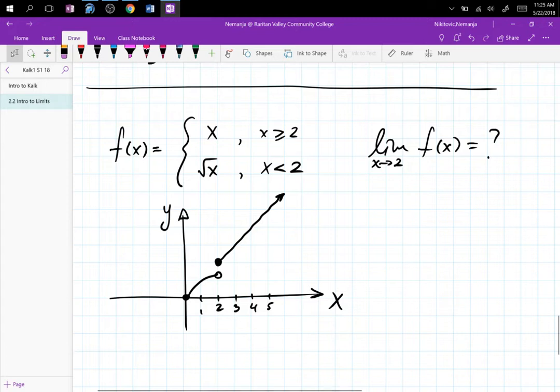So now when you see it, if you are looking at the limit, the left limit, approaching from the left, is going to approach square root of 2. And the right limit is going to approach 2.